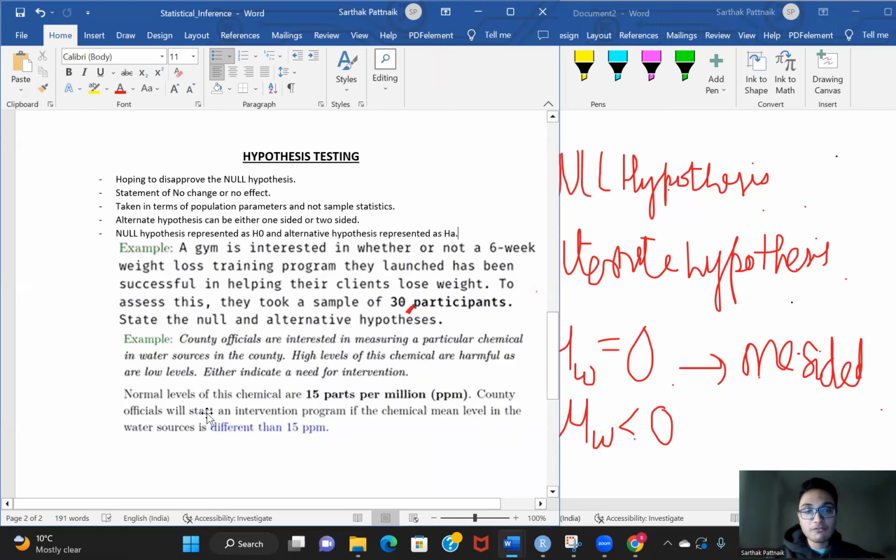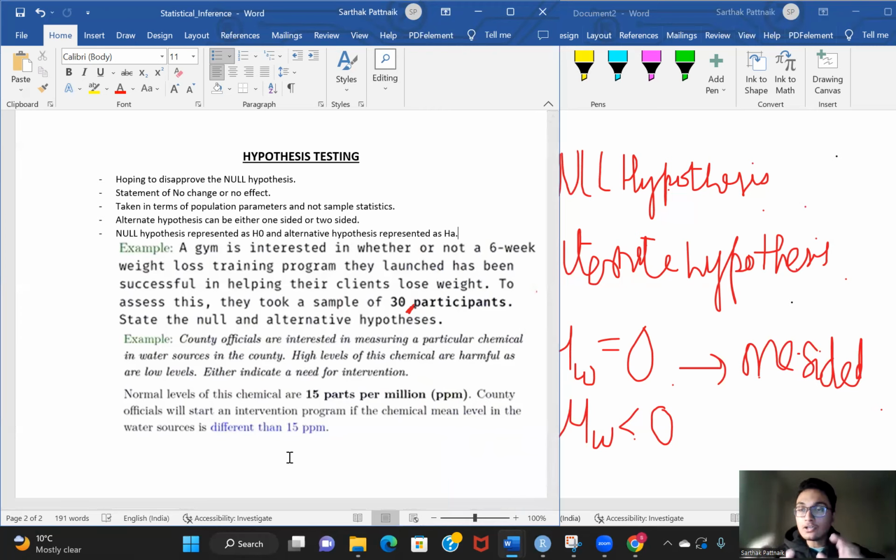Normal levels of this chemical are 15 parts per million. County officials will start an intervention program if the chemical mean level in the water source is different than 15 ppm. So what is our initial condition? That the chemical concentration in the water source is at a normal state or an equilibrium state.